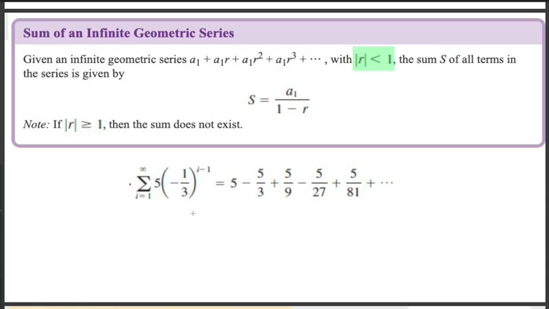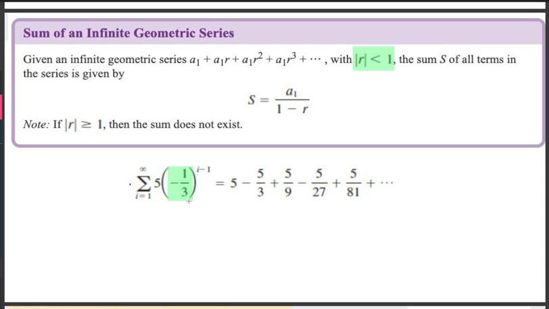So take a look at the sequence down at the bottom. I can see that they want us to evaluate the infinite sum here. I can see based on this explicit rule that I have a geometric expression. If I look at my common ratio, the common ratio is negative 1/3. That tells me that this sum will exist.